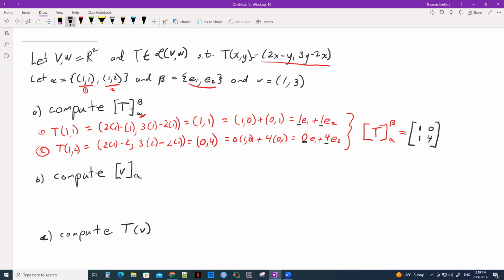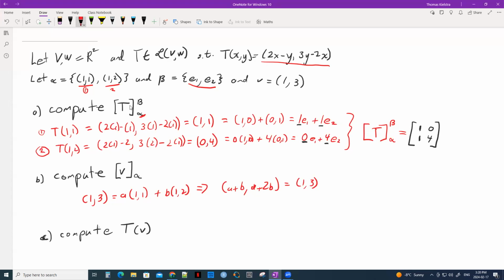I'm then asked to compute the coordinates vector for V in the basis alpha. V is (1, 3). I want to represent it as equal to some A times (1, 1) plus B times (1, 2), which implies that (A plus B, A plus 2B) is equal to (1, 3).